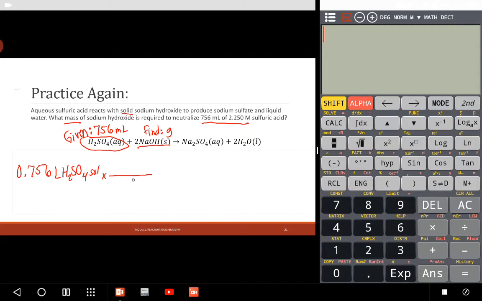Now I need to cancel out my liters of solution. And I need to get into moles of the solute. So that's going to be my molarity. Now I'm in moles, and so I'm going to use my molar ratio.